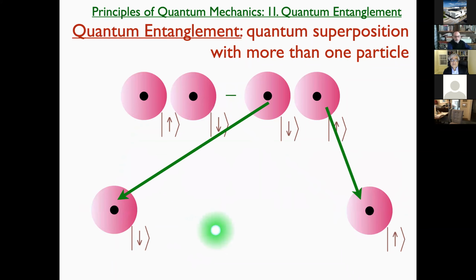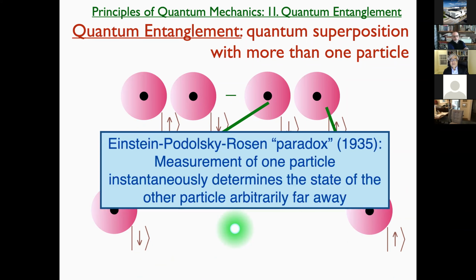So you wouldn't know whether this electron, which could be in my room, and the other electron, which could be in Albuquerque, which one is up and which one is down. In fact, it's not determined quantum mechanically. It's only when I look at my electron and find it to be down that your electron is necessarily up.